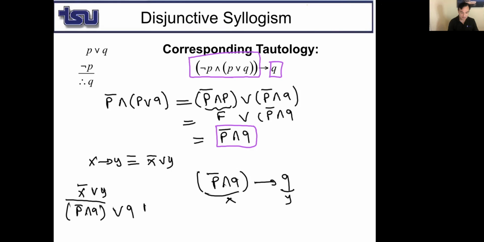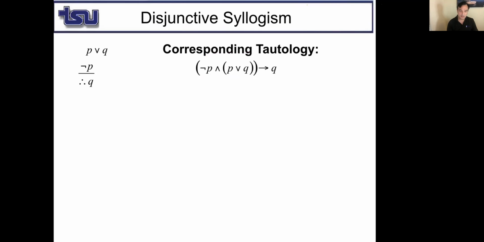And this means P or Q naught or Q. And Q naught or Q is always true. And P or true is always true. So that's a tautology. You don't even need to use a truth table here.